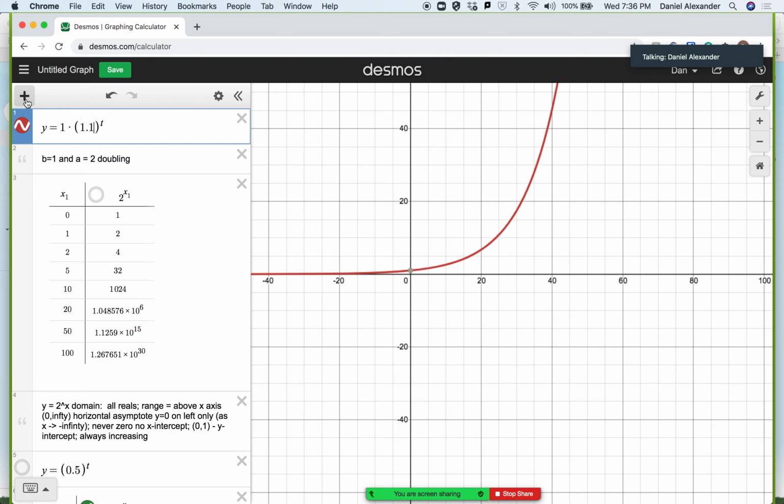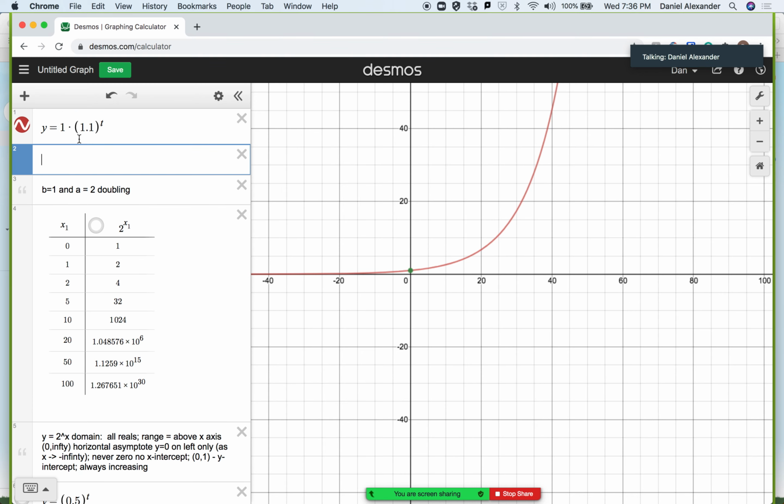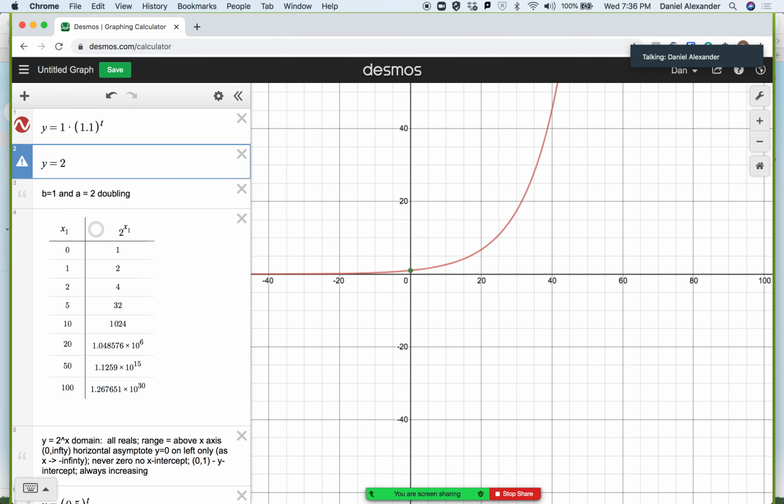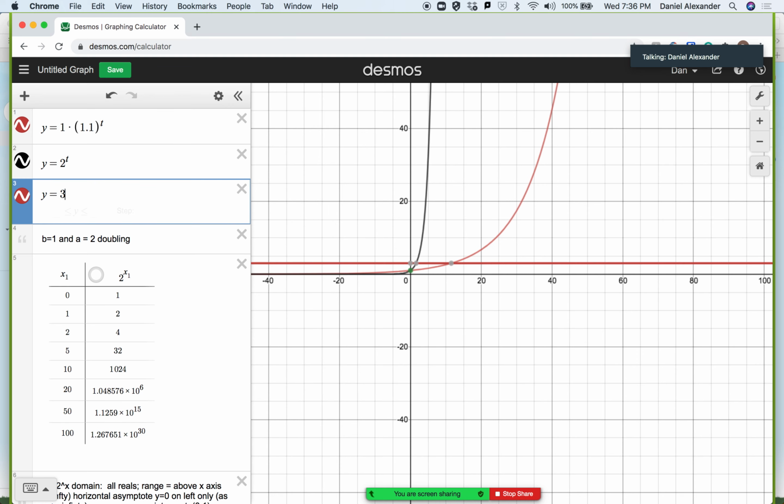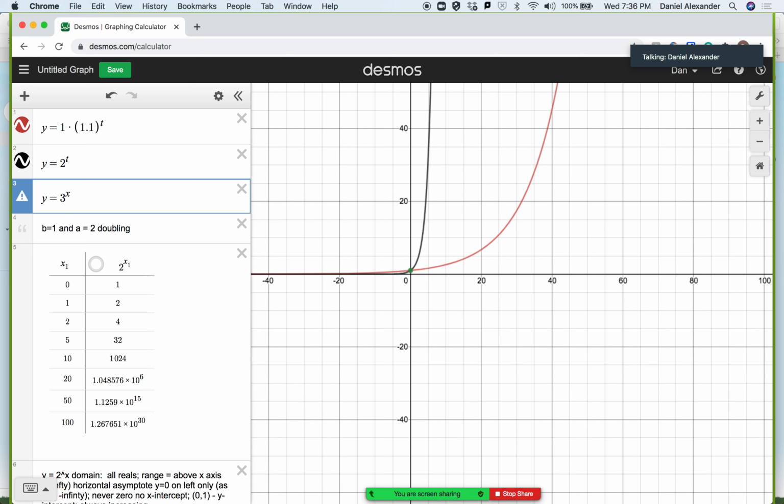So here, let's compare that to y equals 2 to the x. You can see the difference. That one increases faster. So let's add a new function, y equals 3 to the x. You can guess what's going to happen. Let's give that a better color.